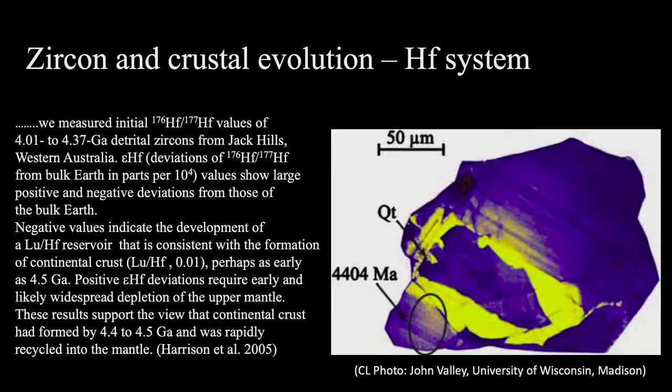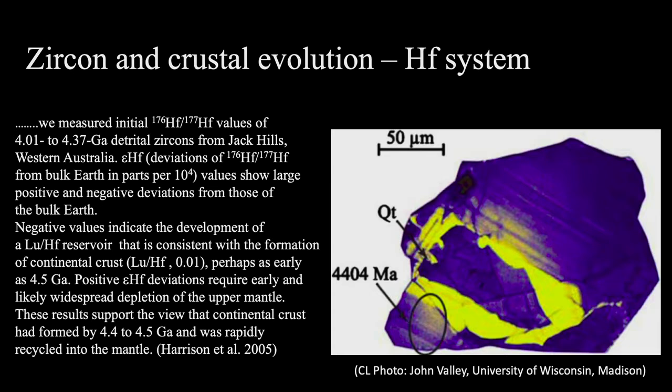showing these different interpretations. On the right, we have a cathodoluminescence picture of a Jack Hills zircon. A small part is dated at 4.4 billion years. And we also have a very small pocket of felsic material here. The publication was done by Harrison et al. 2005.